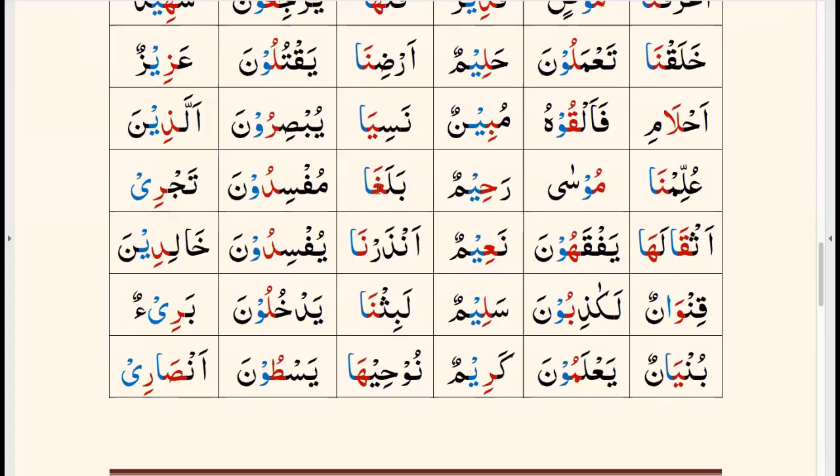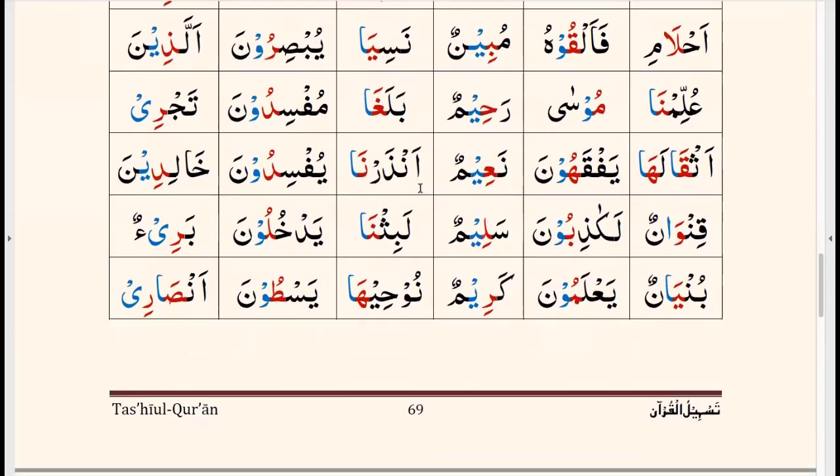So Balagha. Which letter did we make long? It was the Ghain here. We make it longer than the Ba and the La because Ghain has an alif after it. Okay, let's carry on.